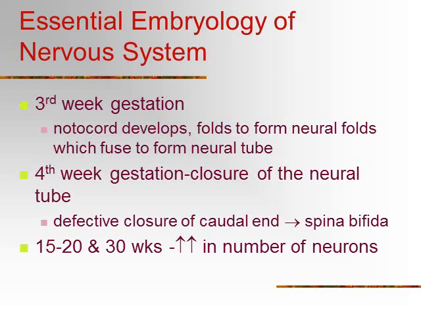Fourth week, there's closure of the neural tube, and a defective closure of the caudal end will cause spina bifida. So spina bifida forms very early, by the fourth week of gestation. Then the weeks beyond that is just increasing the number of neurons. So a lot of the development occurs early on.